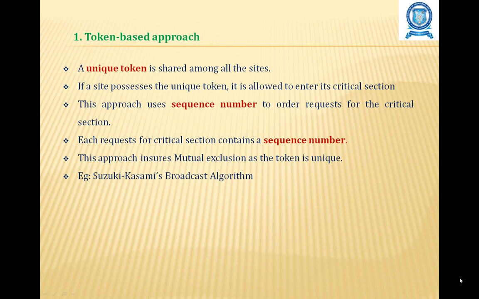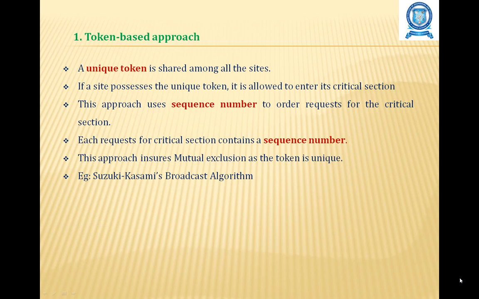In this approach, a unique token is shared among all the sites. If a site has the unique token, it is allowed to enter the critical section, and it continues to hold the token until the execution of the critical section is over. This approach uses a sequence number to order the requests for the critical section.